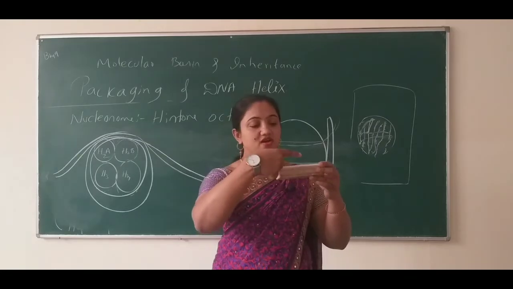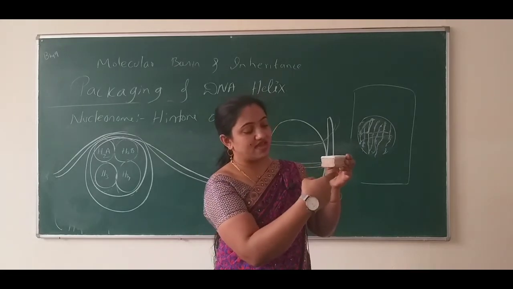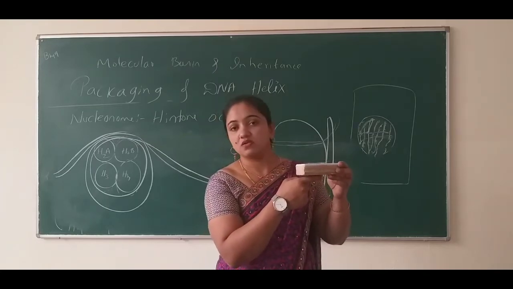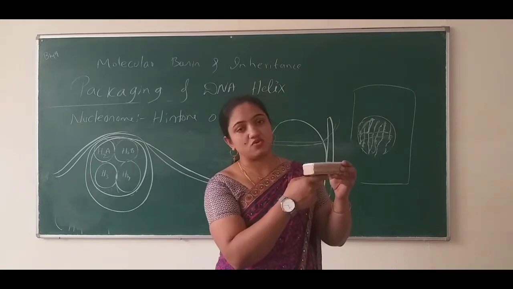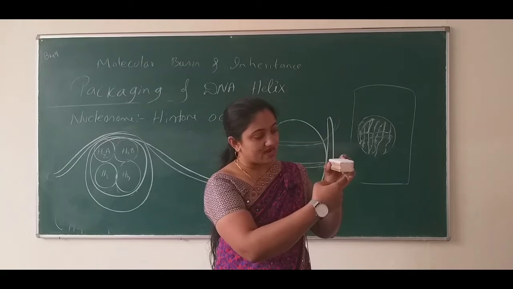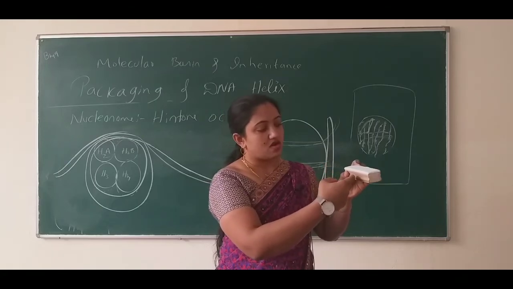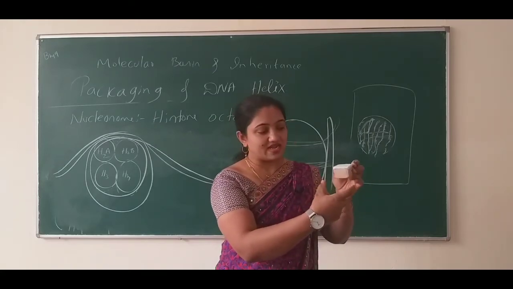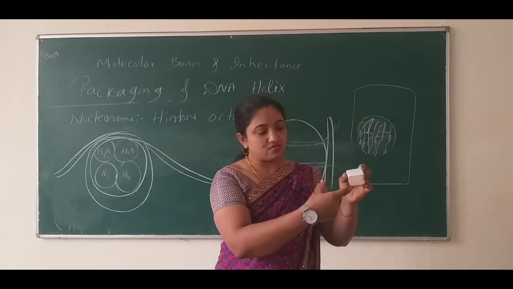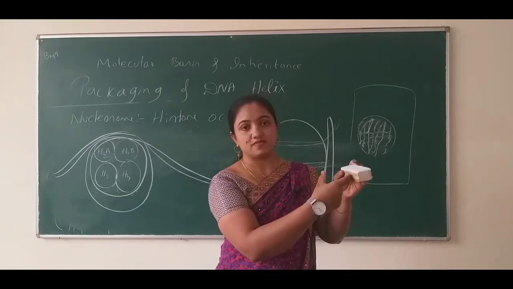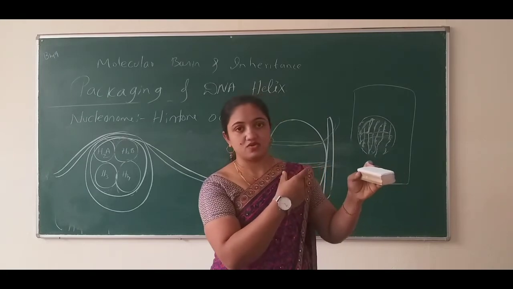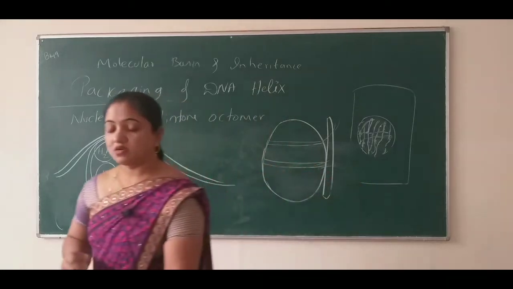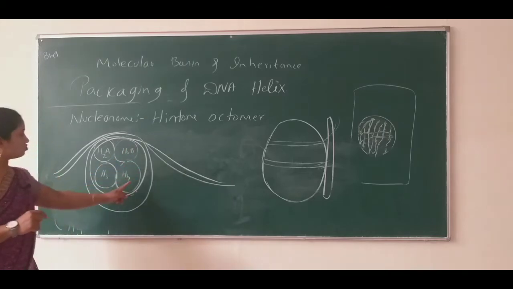If it comes to this end, we can call it 1.5 turn. But again it comes a little bit above, a few more turns, and comes to this end and separates. So this becomes 1 3/4 turn around the histone protein.